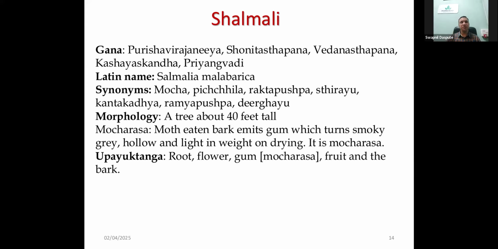We will see its uses in the next slides. Mocharasa is a very important ingredient in our regular practice. Upayuktanga: root, flower, gum, that is Mocharasa, fruit, and the bark are used in medicine.